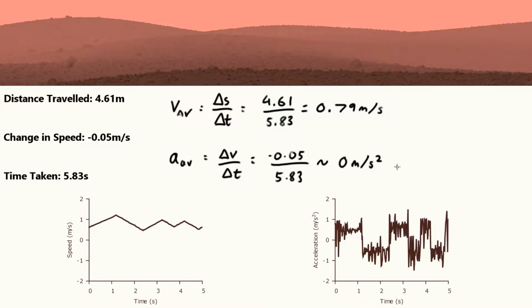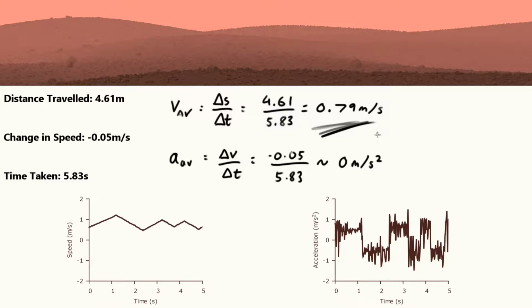It does spike above and below this, but on average it is roughly 0.8 meters per second, which means that this value here looks correct. You can see how the average speed is not completely accurate for every single time, but is a good indication of, on the whole, what happened.